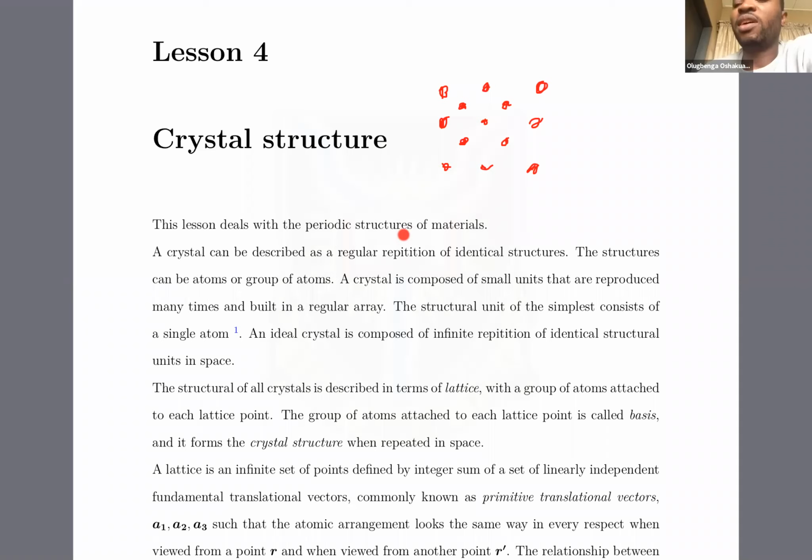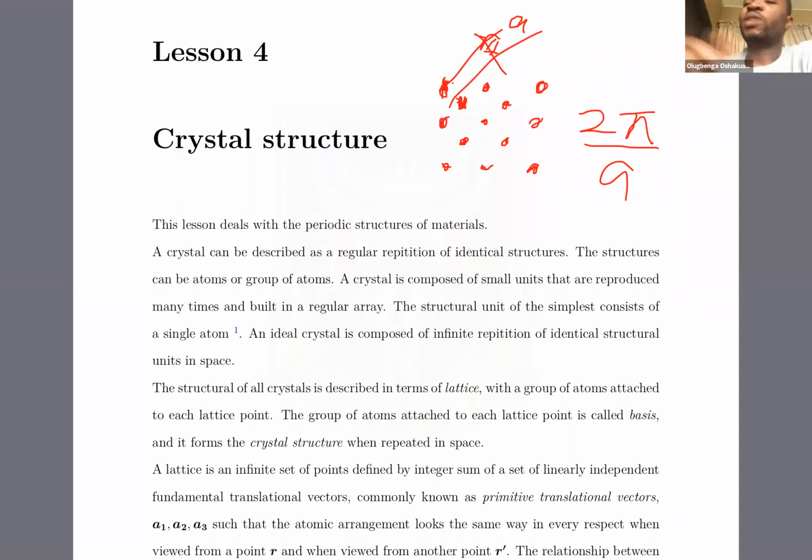At this point, we can also remind ourselves that the distance between these points and the neighboring atom will be A, the lattice constant. And that distance, before we forget, in the reciprocal lattice space will be 2 pi over A. We'll get there very soon.